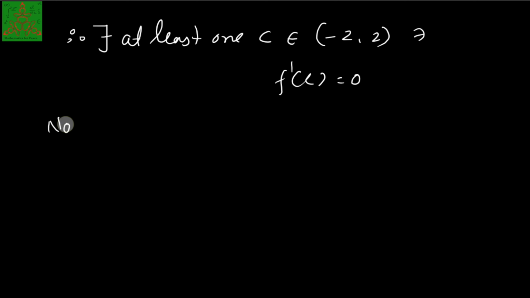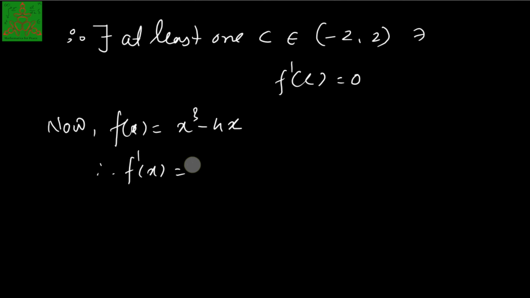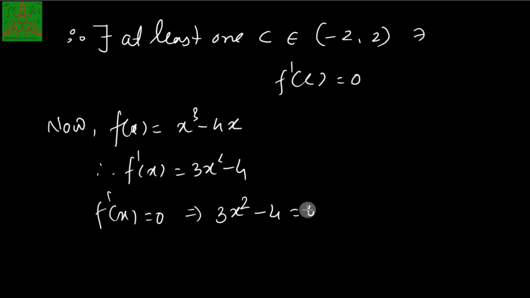Now the function f of x given to us is x cube minus 4x. Therefore f dash of x gives you 3x square minus 4, and f dash of x is equal to 0. We have to find those points which satisfy this. So 3x square minus 4 equal to 0 gives you x is equal to plus or minus 2 by square root of 3.